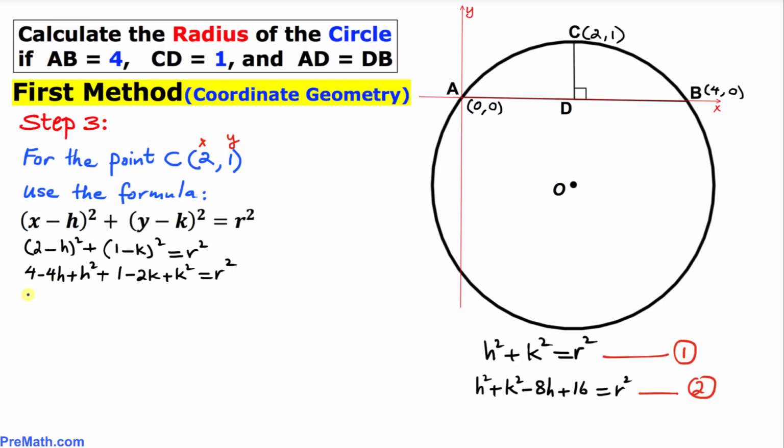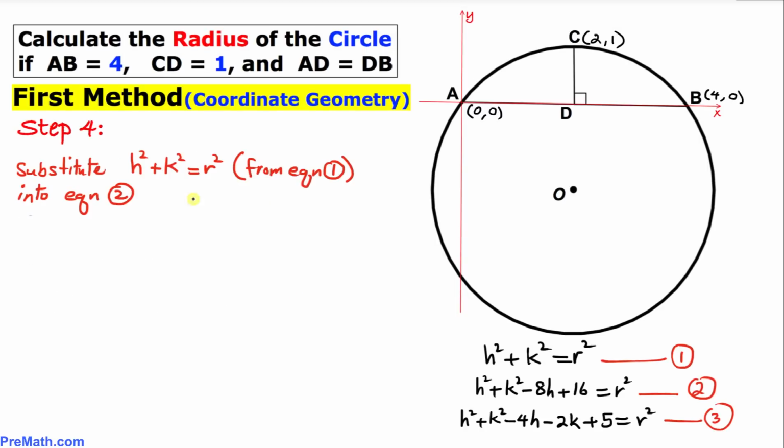I'm going to write down h square plus k square minus 4h minus 2k plus 5 equal to r square, and I'm going to call this equation number 3. In this next step, we are going to substitute h square plus k square equal to r square from equation number 1 into equation number 2. Here is our equation number 2, and wherever we see h square plus k square, I'm going to replace it by r square.